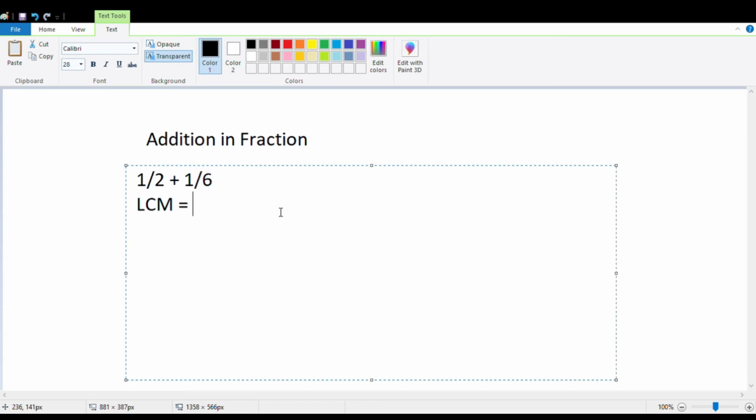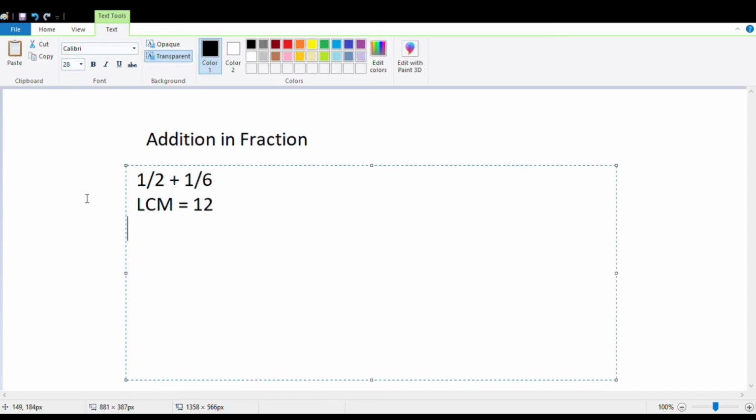Never mind, the LCM is 12. Forget about that. It's a bit difficult to explain. So it's like 1 by 2, but you have to multiply 2 by however much is needed to get the least common multiple, which is 12.